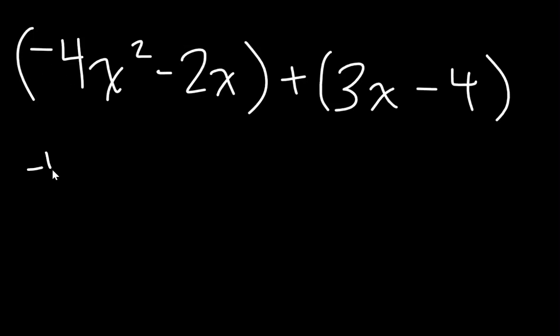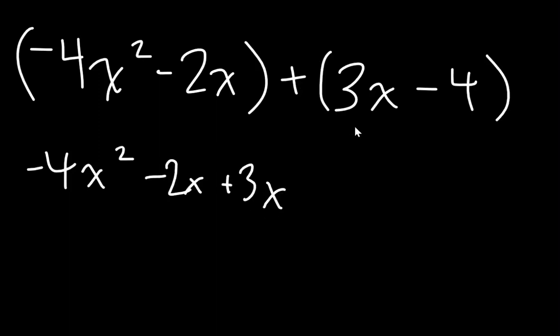So we're distributing the 1, and 1 times negative 4 is negative 4, and everything else is the same. We're multiplying just the coefficient because that's the only number, right? Minus 2x, because 2x times 1 is 2x. And then here, plus, right? That's the same as plus 1. So we can distribute a 1, right? So 1 times 3x is 3x.